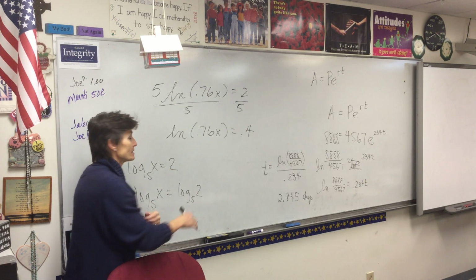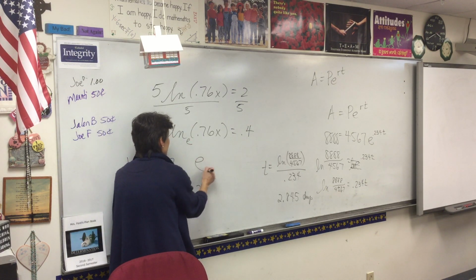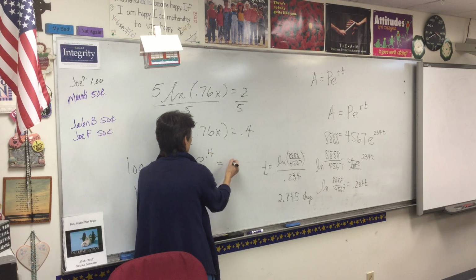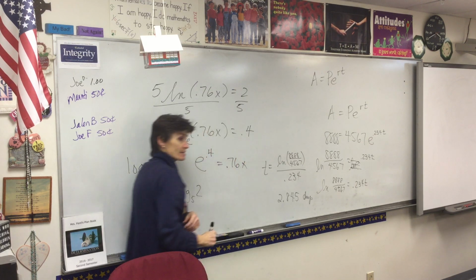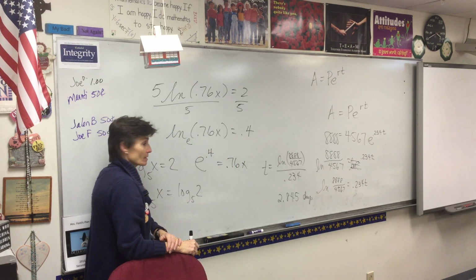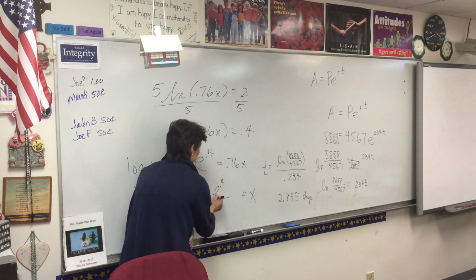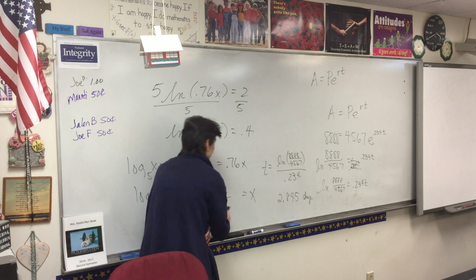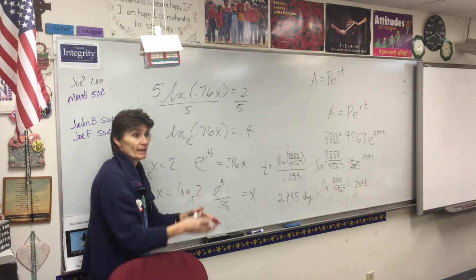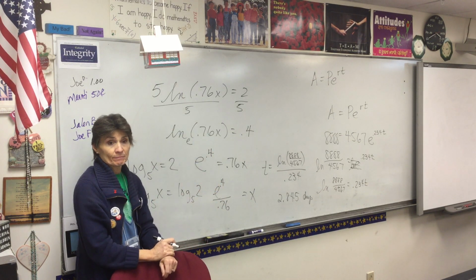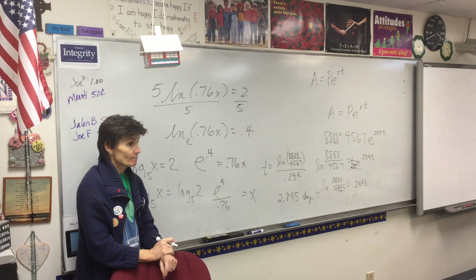Yes, there is, it's an e. So e to the 0.4 equals 0.76x. So x equals e to the 0.4 over 0.76. And without a calculator, that's it, done. Okay?